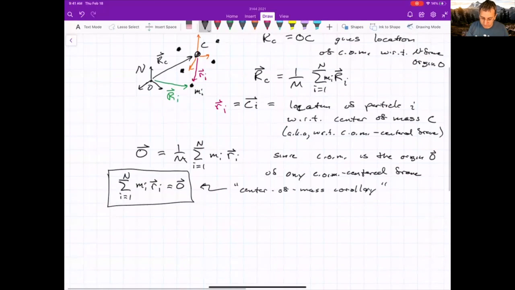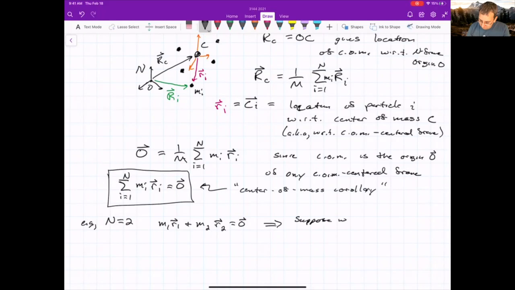So that's useful. So yeah, for example, think of n equals 2. Then this sum is just m1 r1 plus m2 r2 equals 0, the 0 vector. So that means if you know the position of one of the particles, you could get the position of the other particle. So if we know the position of particle r2, and remember this will be in general moving around, so varying with time, then r1 is going to be negative m2 divided by m1 times r2.